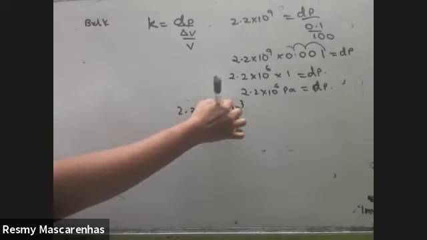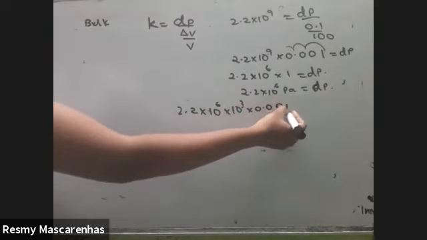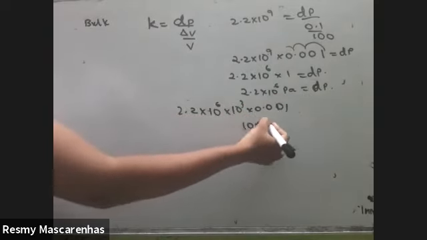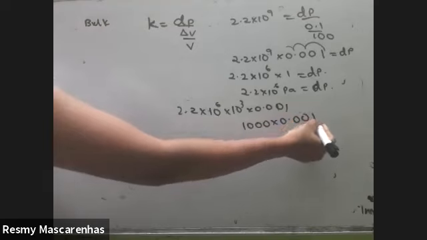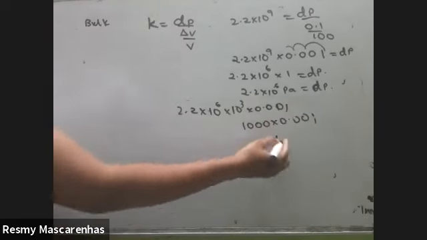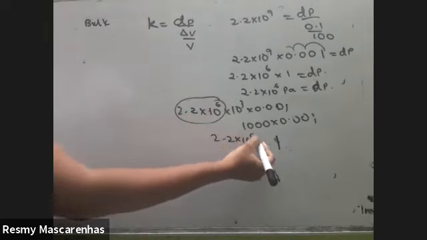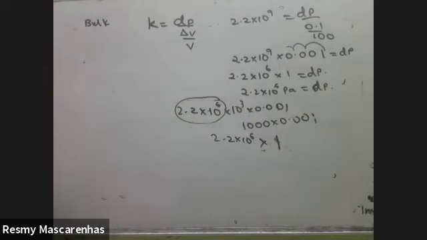I can split it like this. 10 raised to 3 is how much? 1000. Using 3, that is a 3 decimal shift, so it will be 1. So what remains is this. Understood? Yes, miss.